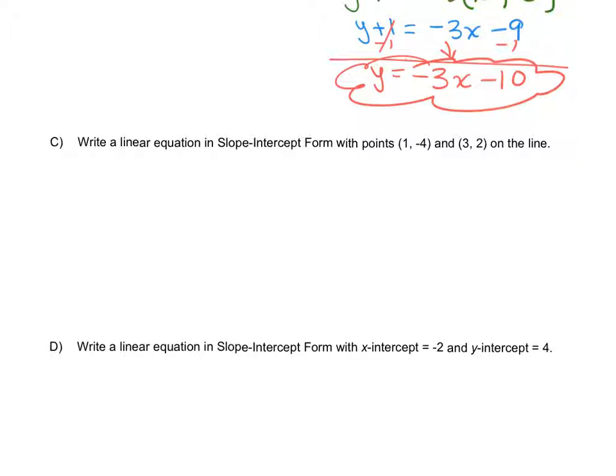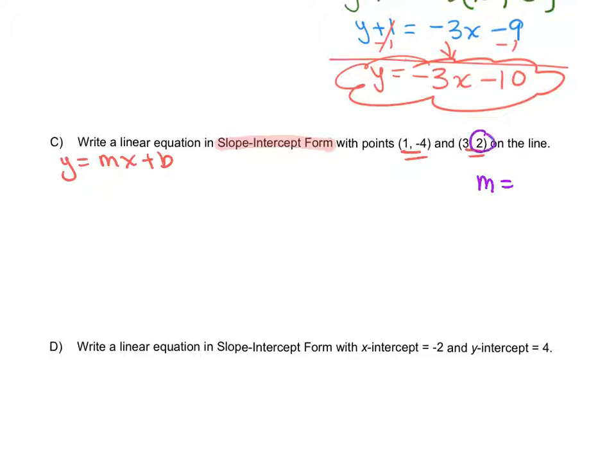Okay, this one. Write an equation in slope-intercept form. So once more, I know it's slope-intercept, slope and intercept. And now they're giving me 2 points. When you're given 2 points, you know you can get the slope.